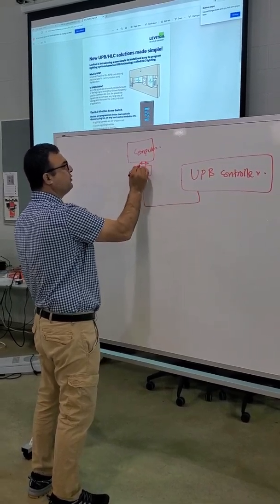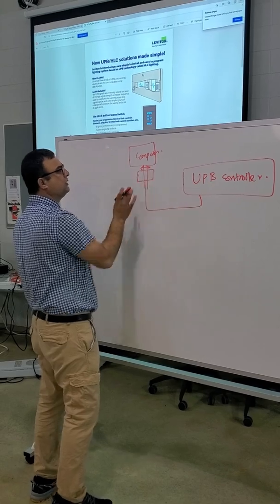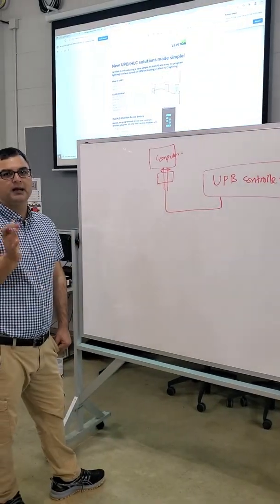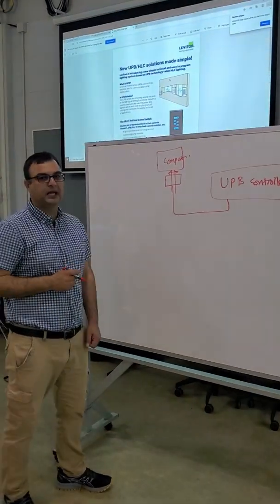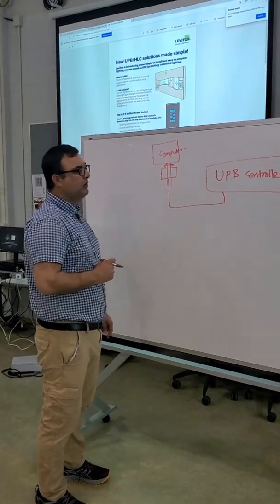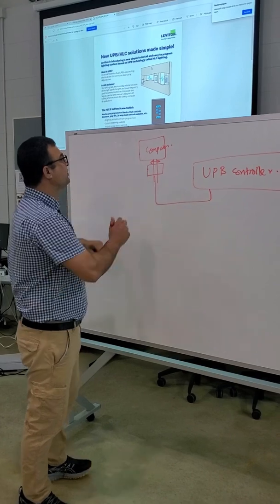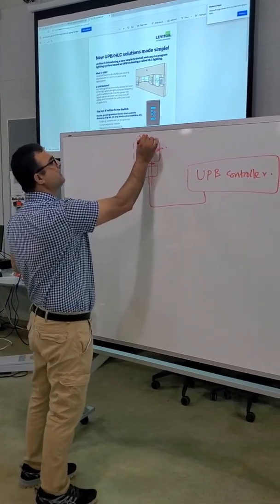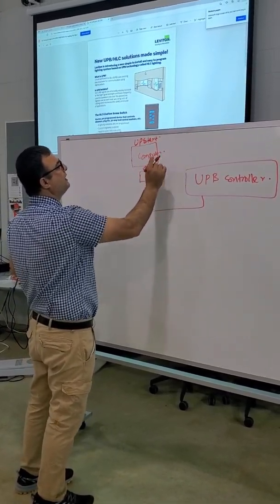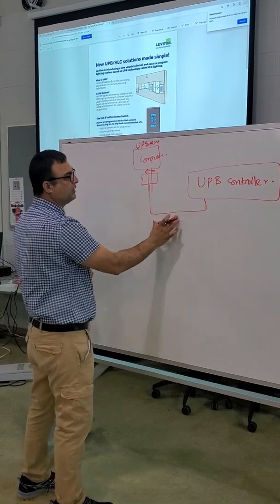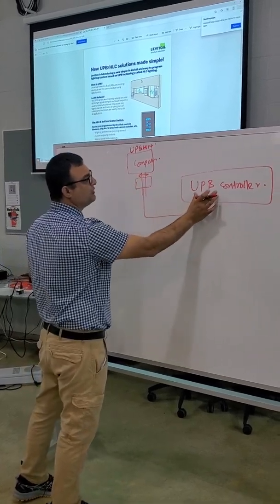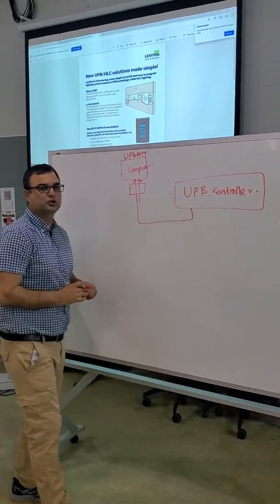To the serial port, we will connect the UPB controller to the computer. And I will show you when we do the practical lab. Now, on this computer we have installed Upstart. That's the software which is going to help us communicate with a UPB controller.